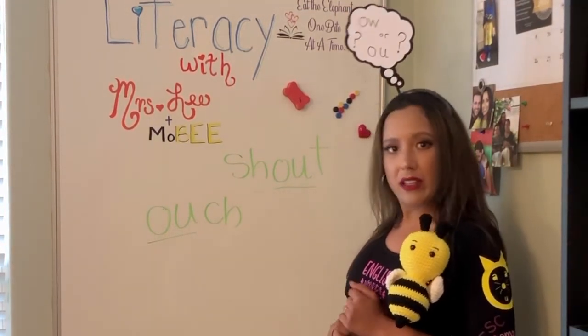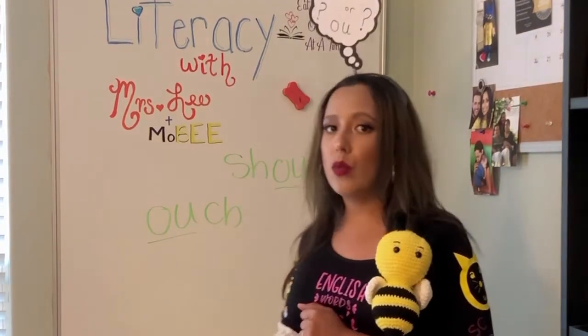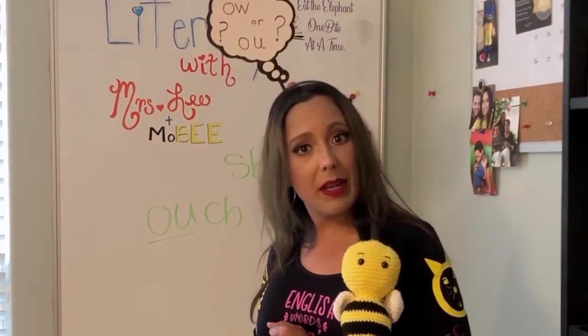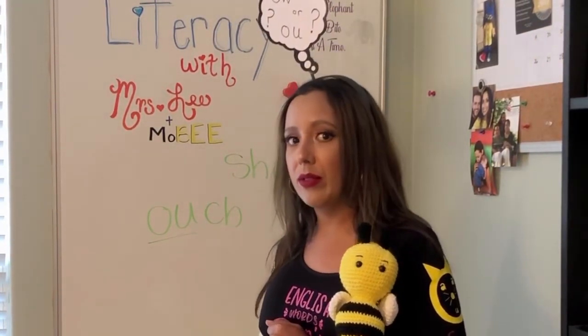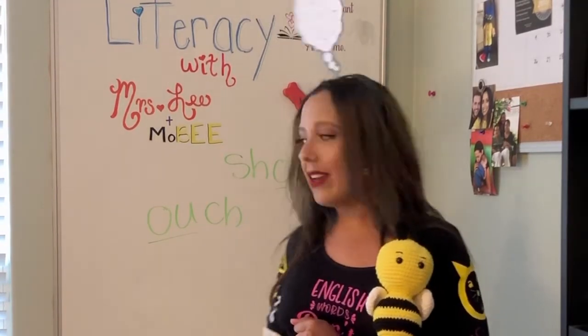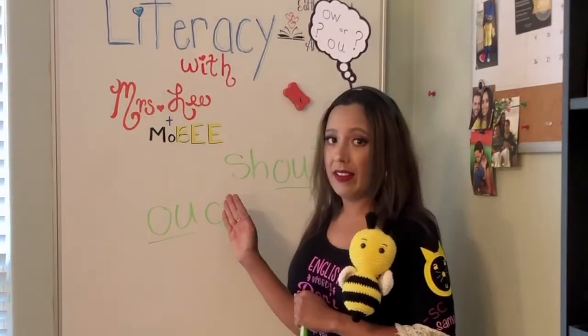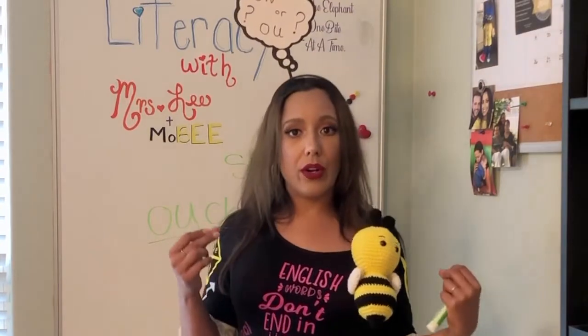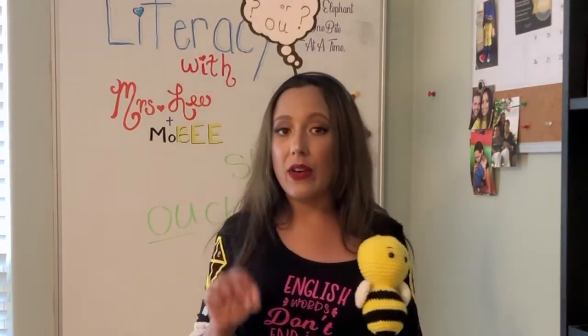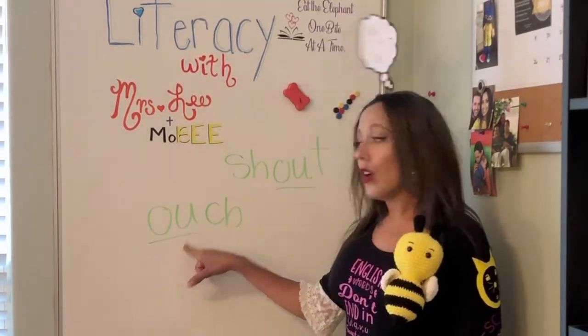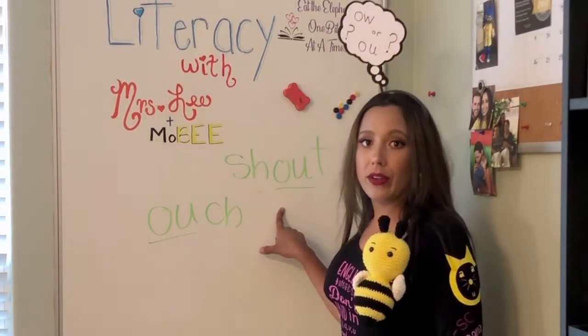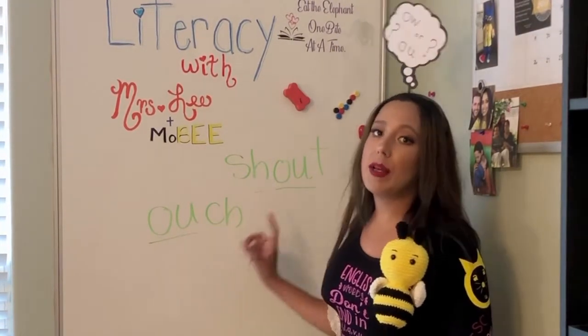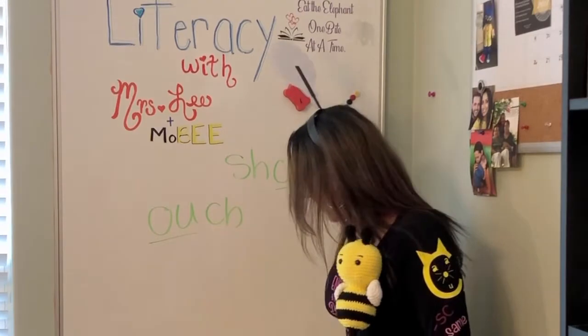Can you tell me what the spelling rule for O-U might be? How would you spell O-U? Exactly. If you hear a word that has that ow sound and it's at the beginning or at the middle of the word, that ow sound is spelled with an O-U.